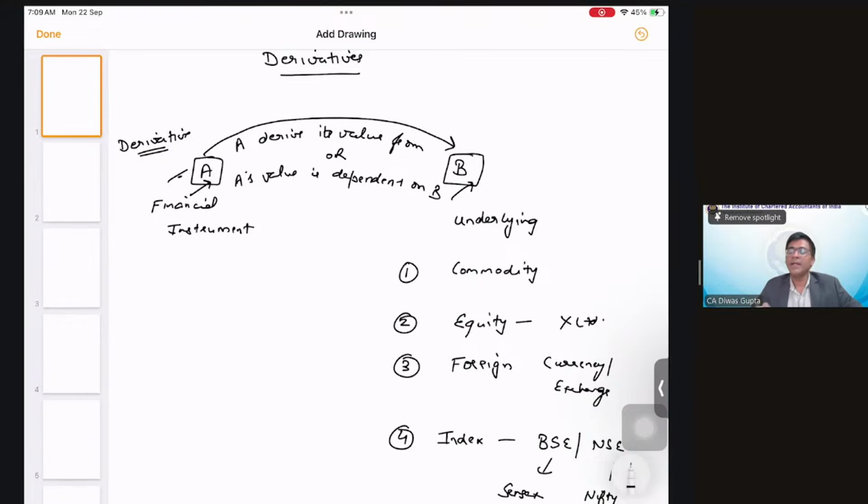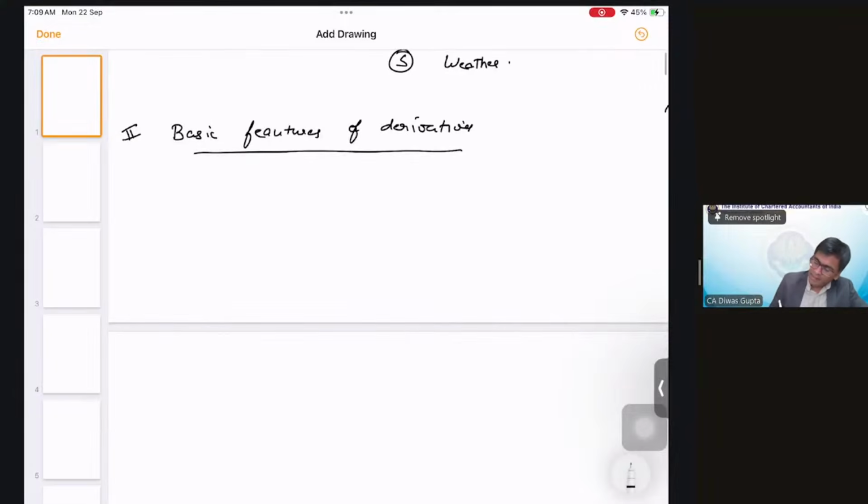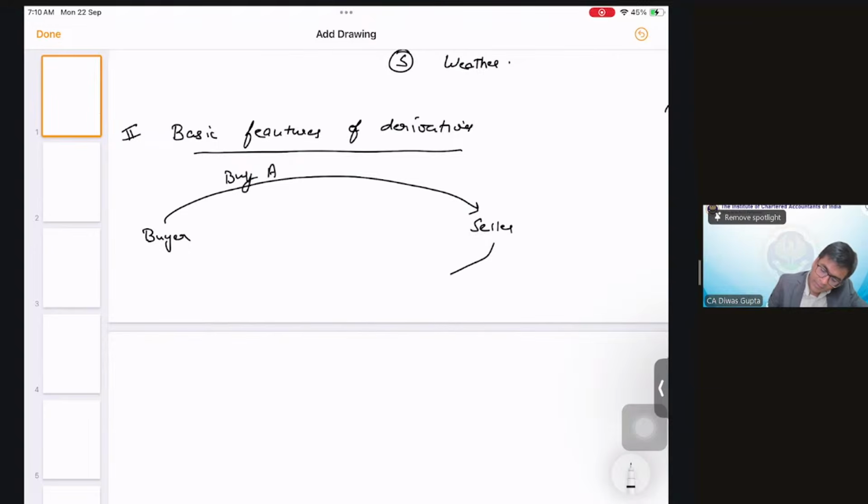Are you getting my point? So let me explain. The buyer and seller: the buyer of A will buy A, and the seller of A will sell A. Okay.